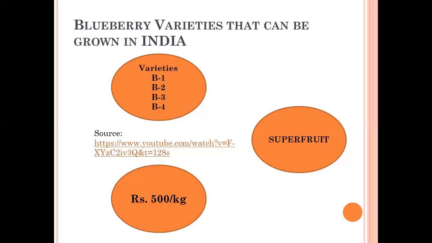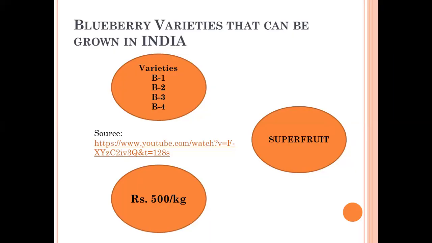If Indian farmers are thinking about growing blueberries in India, we have some varieties that can stand up to 45 degrees. The varieties are B1, that is blueberry 1, 2, 3 and 4. So you can go for these varieties, and you can think of this commodity because it has potential in Indian markets.